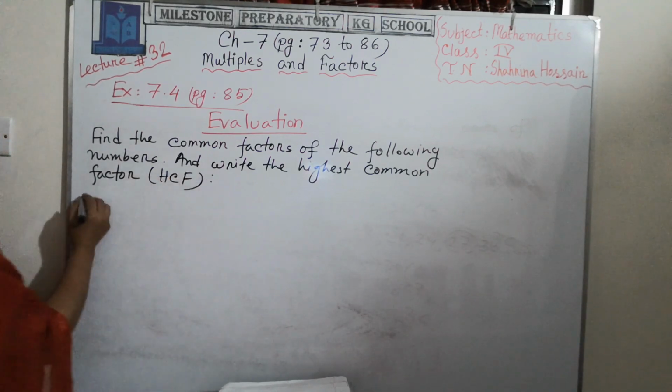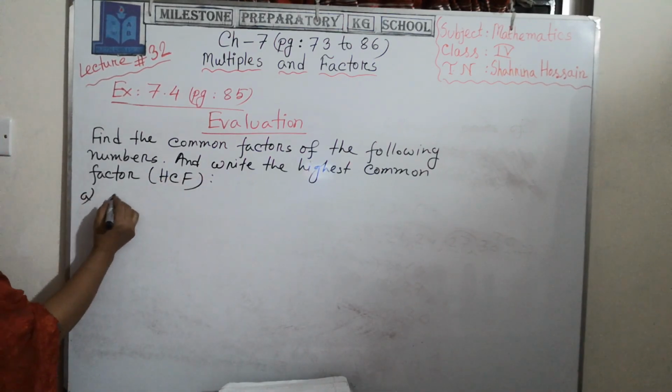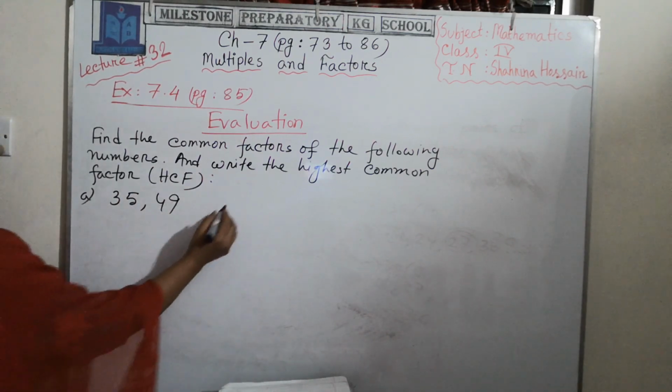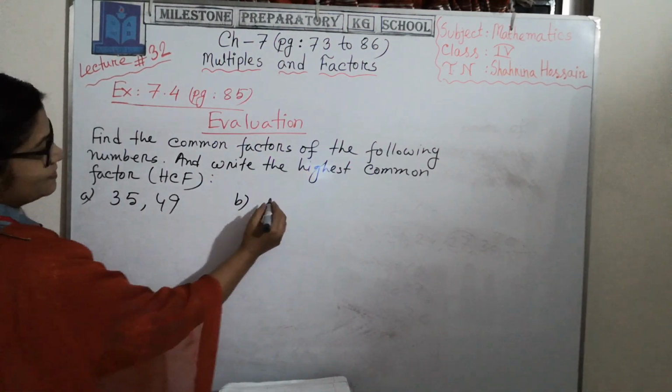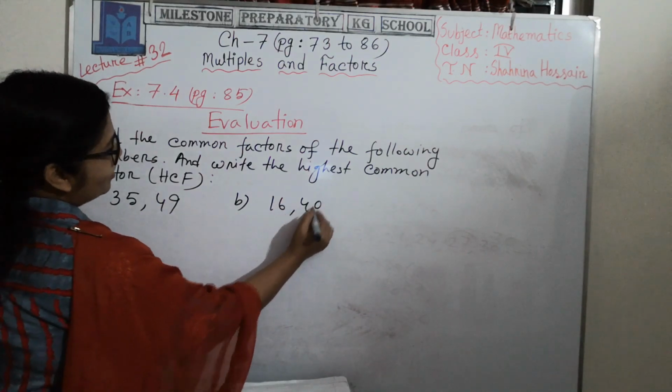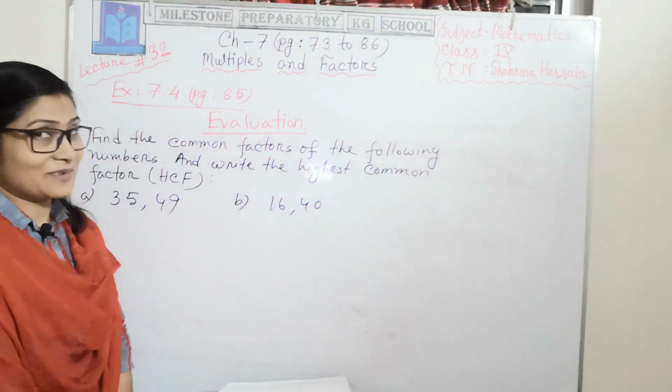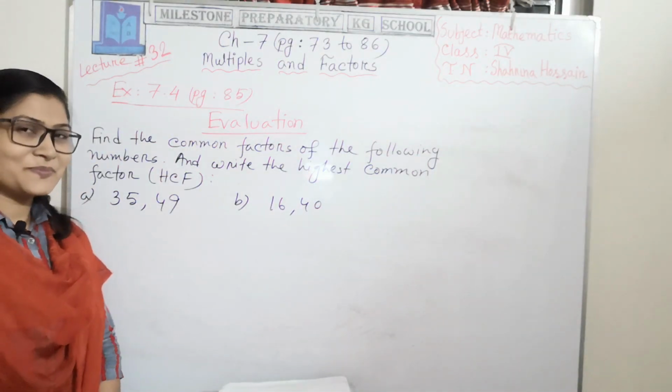Okay, now number A, 35 and 49, and number B, 16 and 40. Hurriedly do this. Okay, I hope you can do it by yourself easily. Hurry.